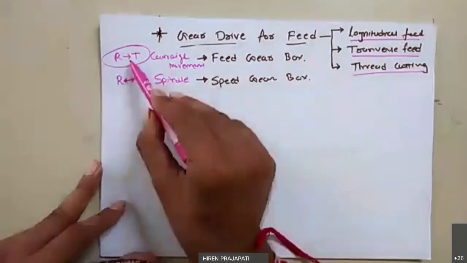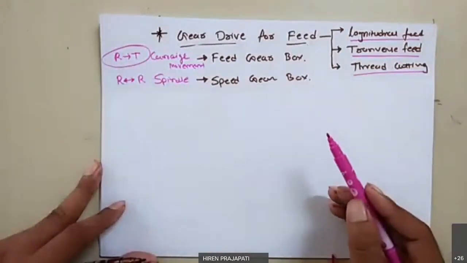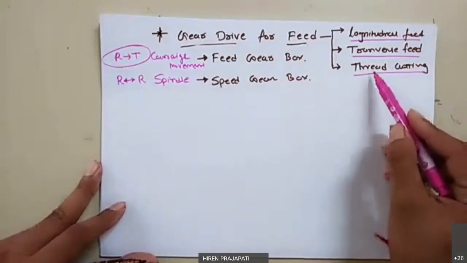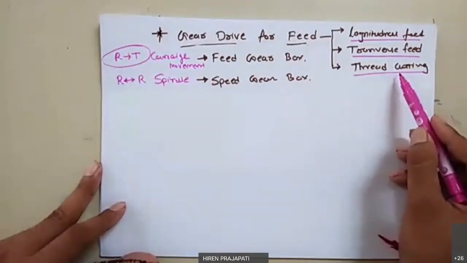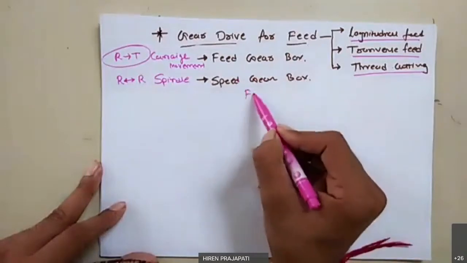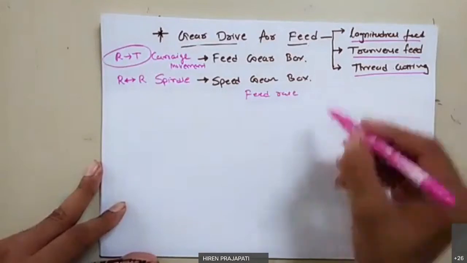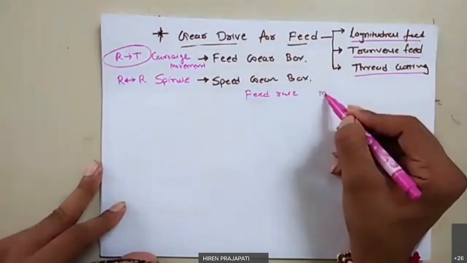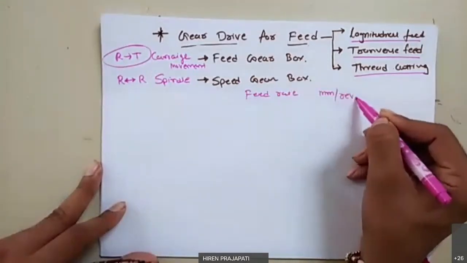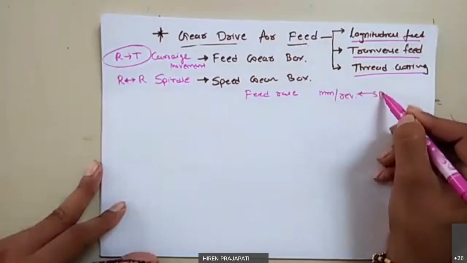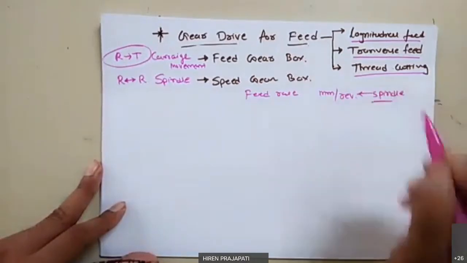But again, as per the material combination or as per the thread required, we need to give different feed rate, right? So generally feed rates are mm per revolution of spindle, right?